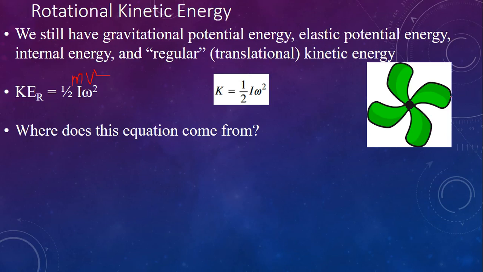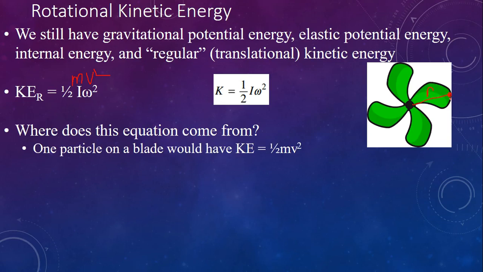Well, let's take a particle on the very edge of this blade. And let's say that it is a distance r from the axis of rotation. So this little particle here is going to have a kinetic energy equal to 1/2 mv squared if we say that this particle has a mass of m.